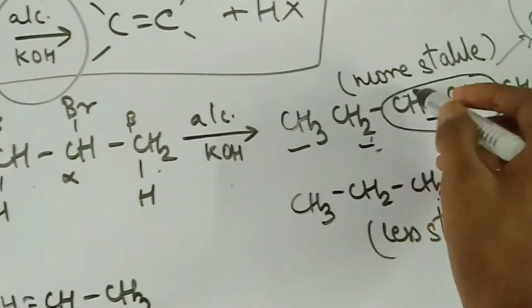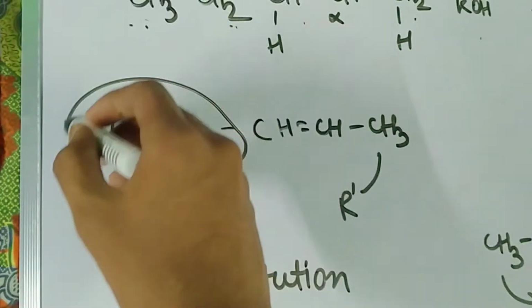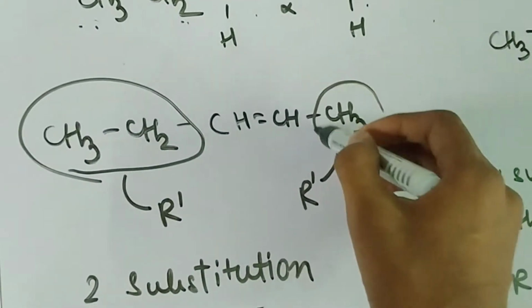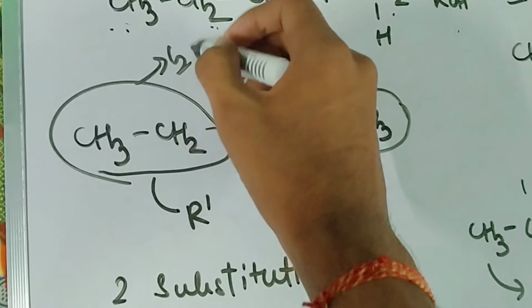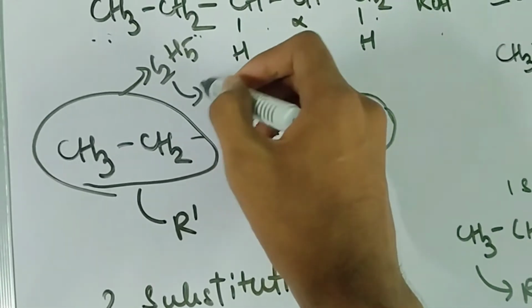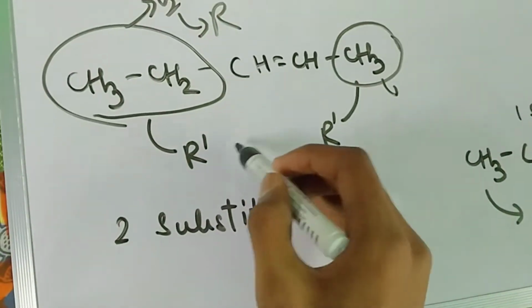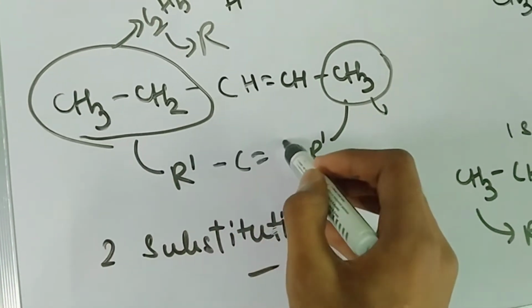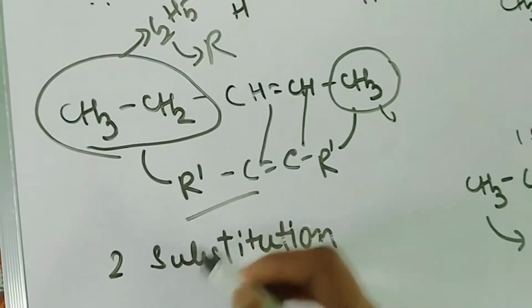We have one more reason. In the major product we have 2 R groups present: this is C2H5, an alkyl, and this is CH3, another alkyl, so we have two alkyl groups.